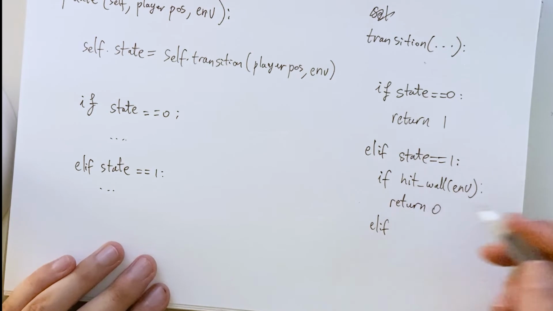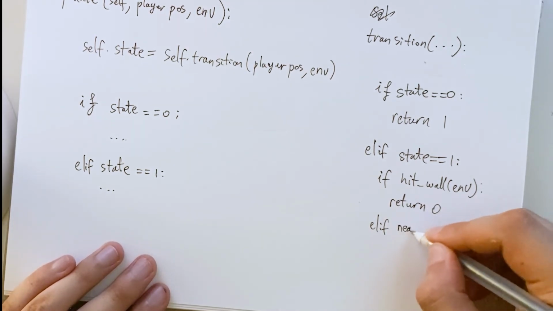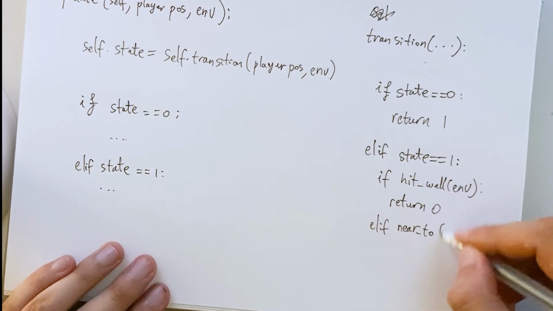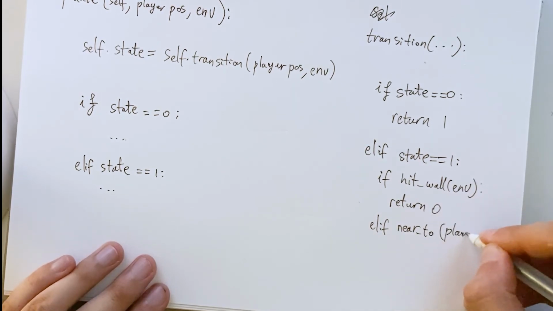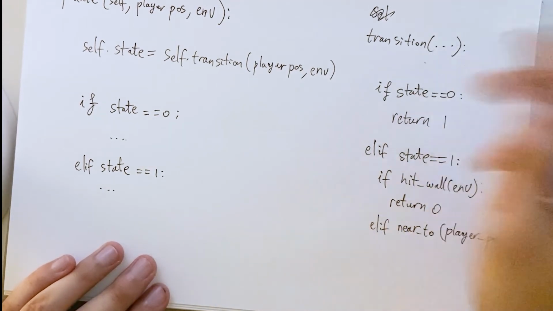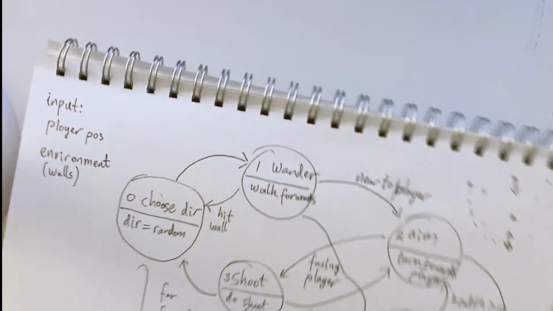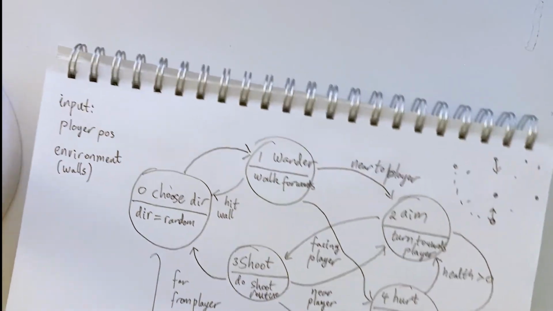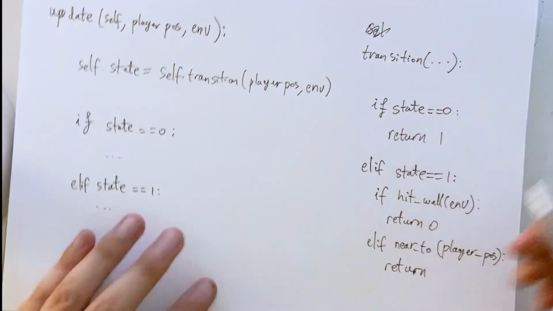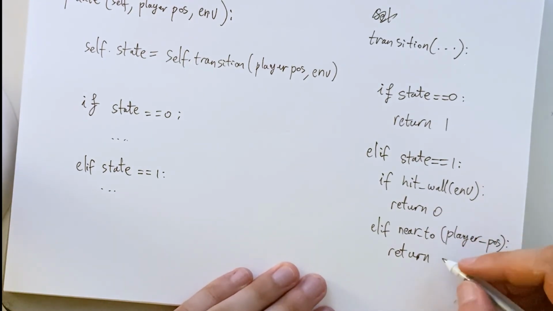We don't really need elif, do we? Because return's going to jump us out of there. But anyway, otherwise, if we're near to the player position, which was passed in as an input, then return, I think that was 2, 3. So 3 for shoot, 4 for hurt. Return 3 for shoot.